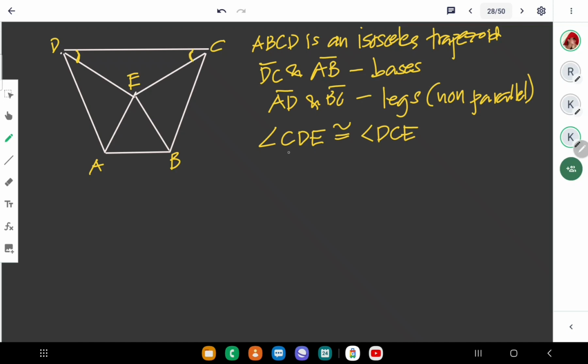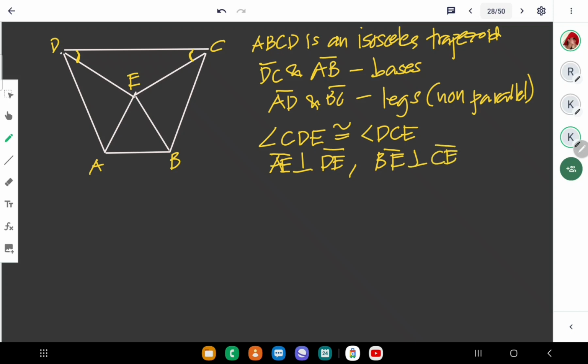Then segment AE is perpendicular to segment DE. Then segment BE is perpendicular to segment CE.